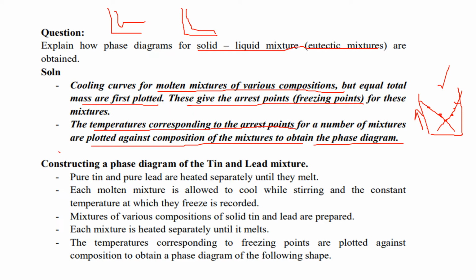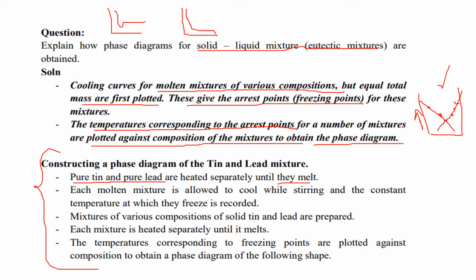Now this is a step-by-step of how you can construct a phase diagram, and the good thing is that they are repeating what we have already been saying. So first step, if you want to draw a phase diagram for a tin and lead mixture, you're going to get your pure tin and pure lead separately, and you melt them.